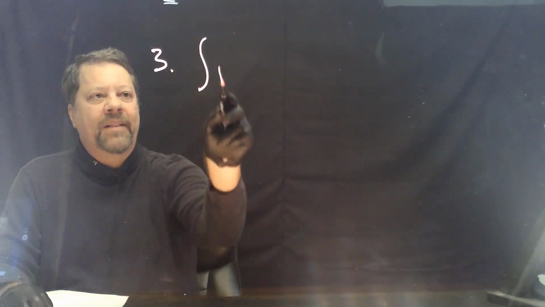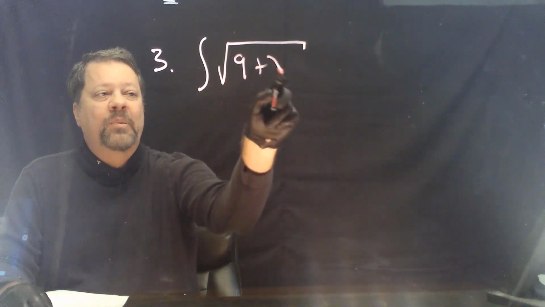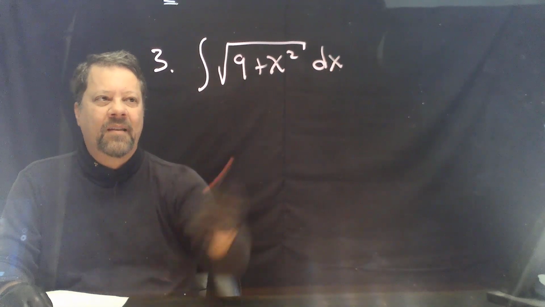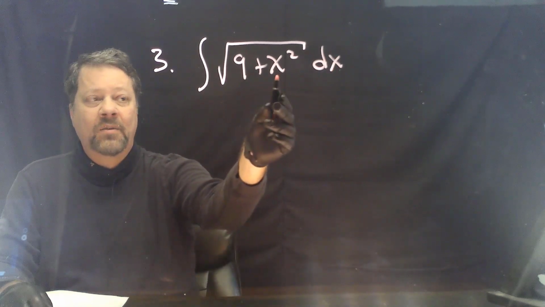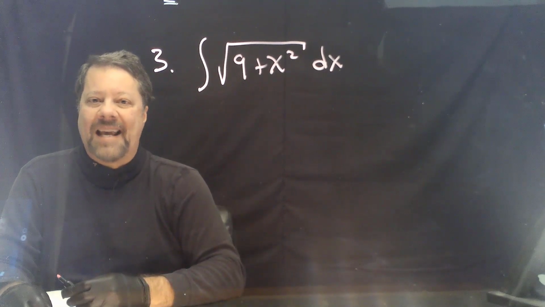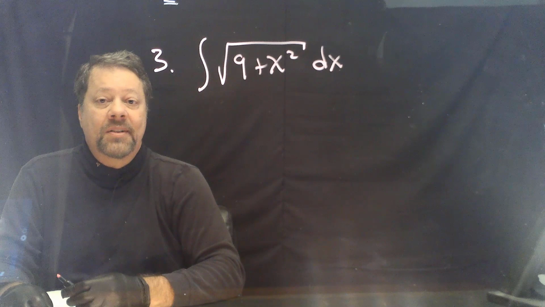On problem 3, we're evaluating the square root, in this case, 9 plus x squared. Because of the plus, we'll have to use tangent, and the identity 1 plus tangent squared theta equals secant squared theta.